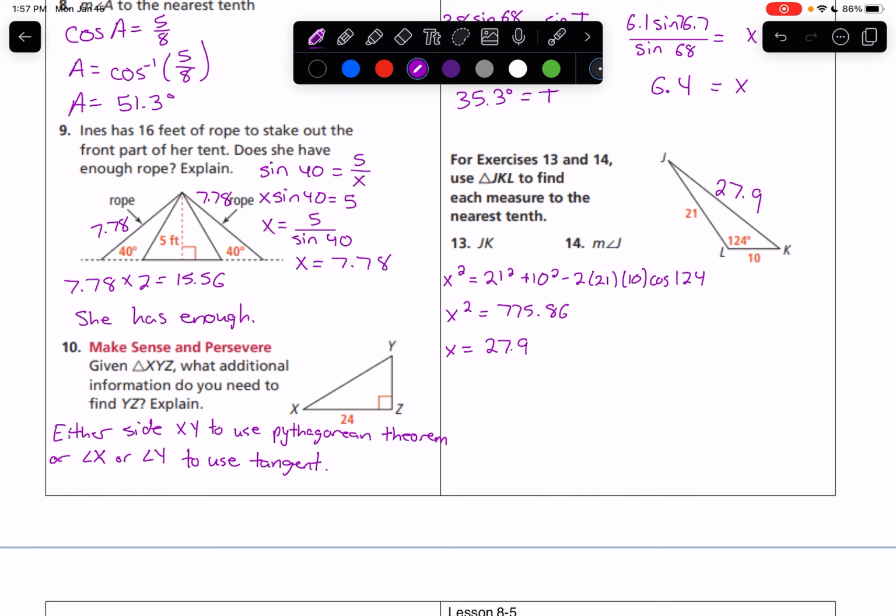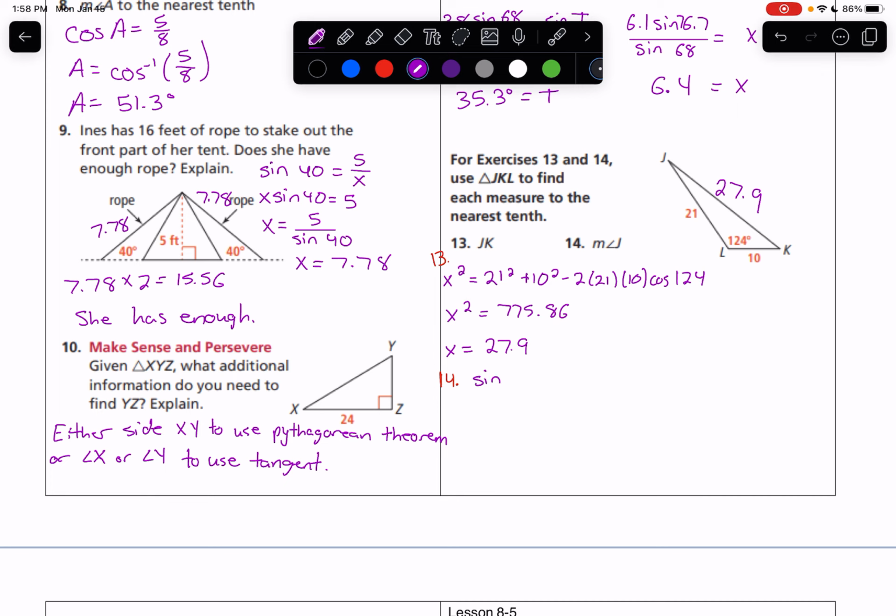Then, number 14, here I'll put numbers here. Here's 13, here's 14. For number 14, I can use the information that I already just found. So if I'm looking for angle J, I can now use the angle side pair that I already just made, the 124 and the opposite side 27.9, and I can use the law of sines instead, which is easier.